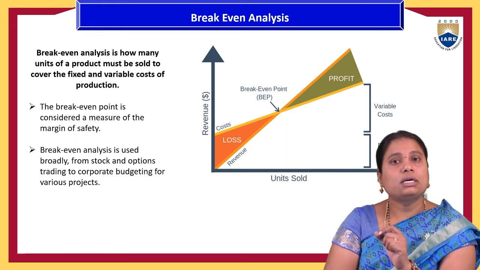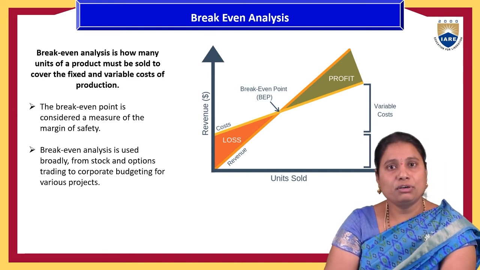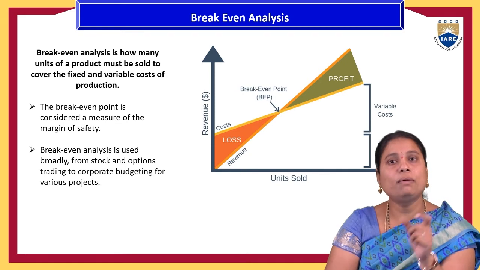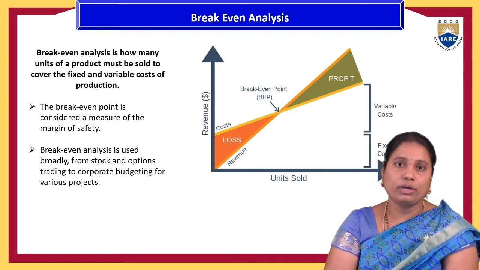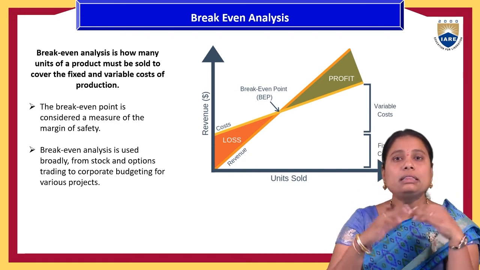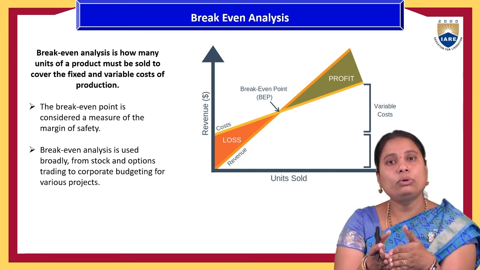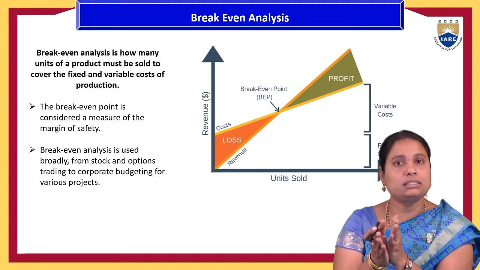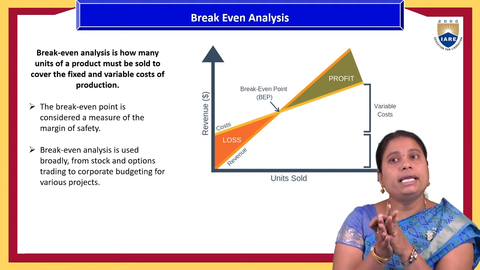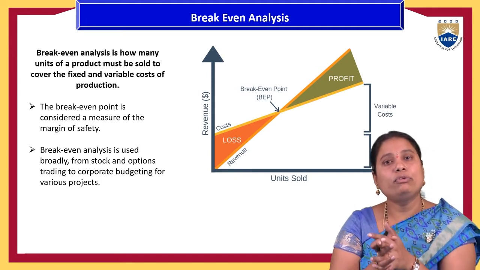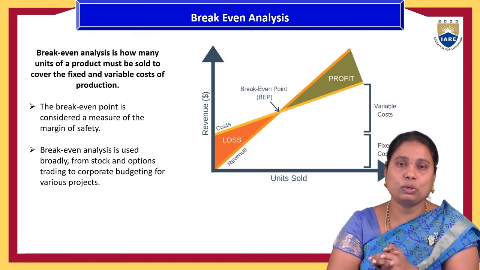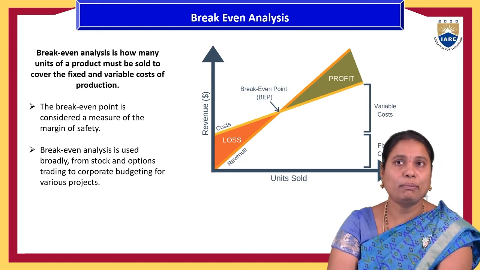For easy identification of the expenditure on a product, the cost is summed into either fixed cost or variable cost. So all the other costs are categorized into two elements, one fixed and another variable, and it depends on the number of units sold by the organization and the revenue generated by the organization for a particular product.